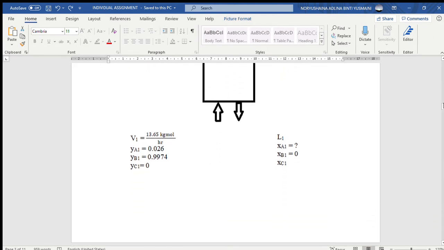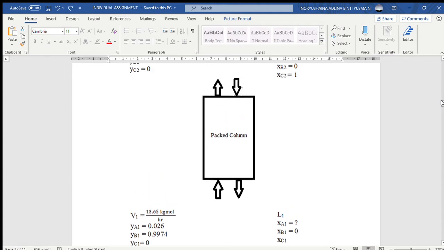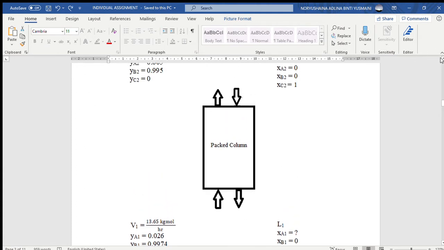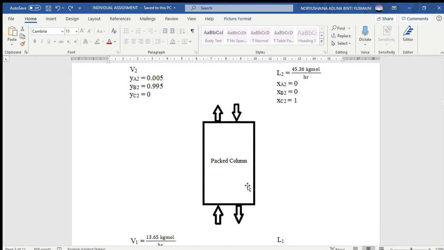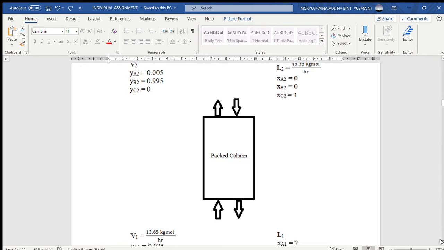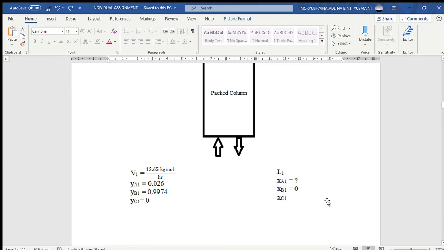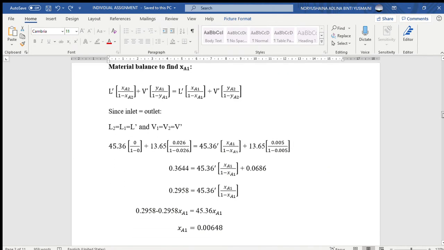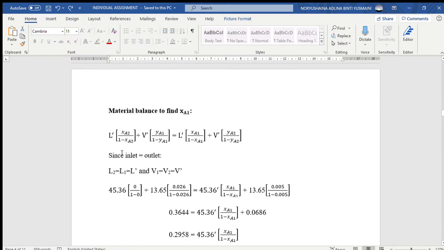From the question, I know that all the information regarding the A component is already given, but there is only one value that is missing, which is XA1. So what I did is I found the value for XA1 using the material balance. This is the formula for the material balance of the packed column.